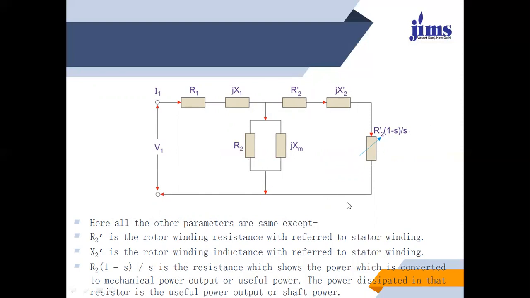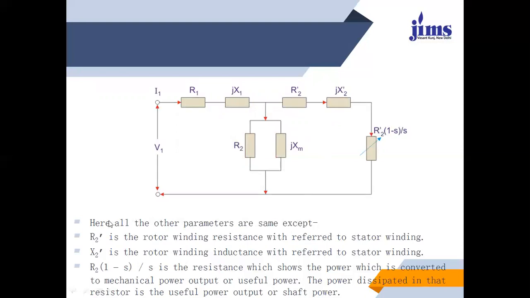So it will look like R2 dash, jX2 dash, and R2 dash into (1 minus S) upon S, because we are converting all the components on the right-hand side towards the left-hand side. These dash notations are represented here.